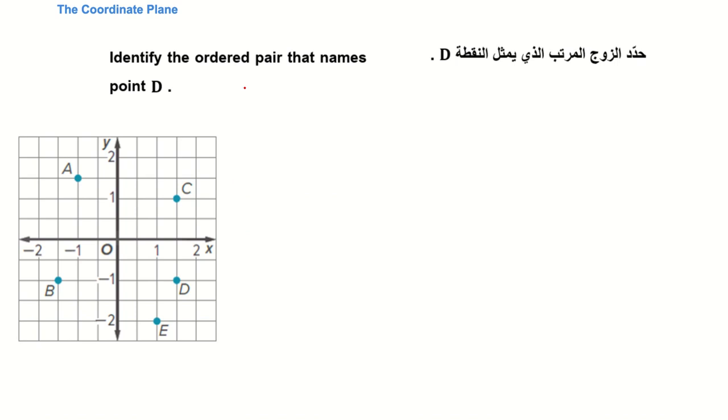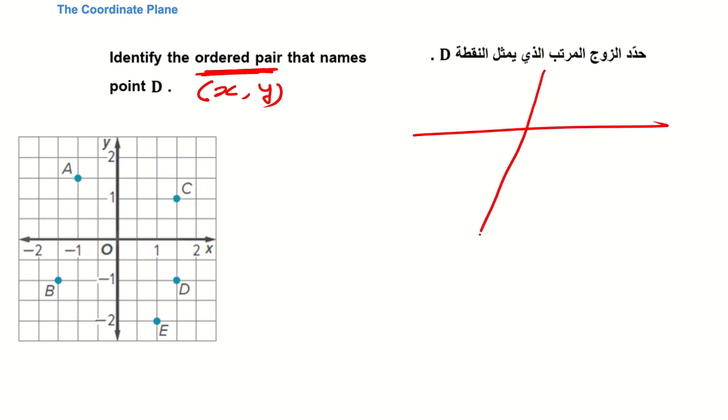Another question can be: identify the ordered pair that names point D. Now, just as a revision for you, an ordered pair means any point written as x, y. The first value is the value on the x-axis and the second value is the value on the y-axis, and you can see there are 4 quadrants.